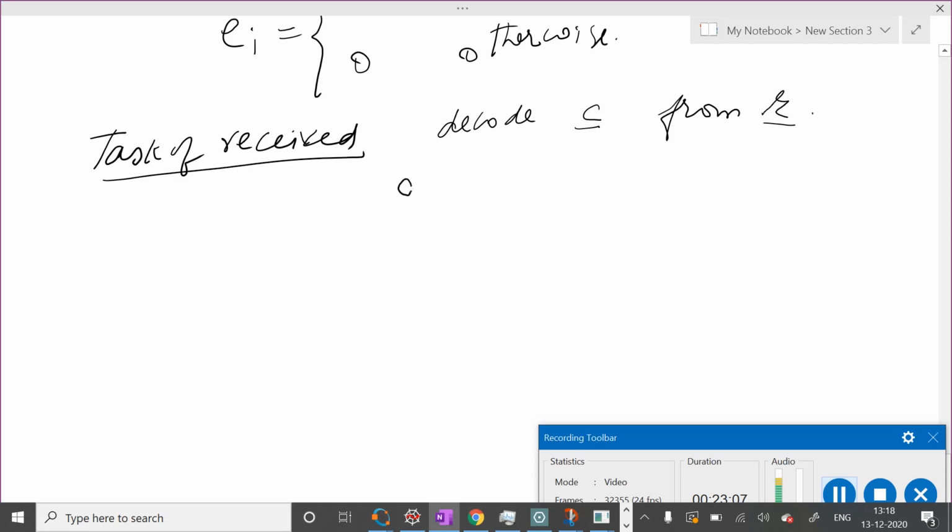If you have a code word and you take CH transpose, it is equal to 0. At the receiver you don't have the code word, rather you have the received vector, RH transpose, and definitely if there is an error, it will not be equal to 0, right? But it contains some information about the error. So RH transpose is a very important quantity, and it is given a separate name called syndrome.